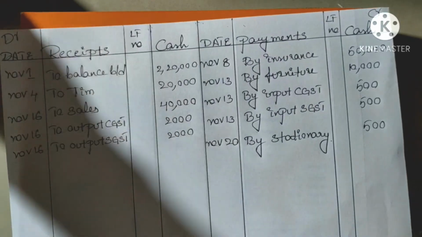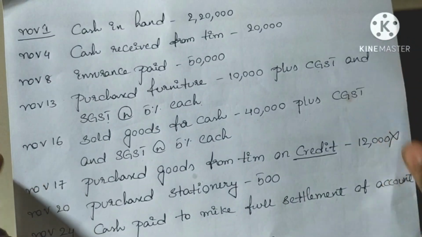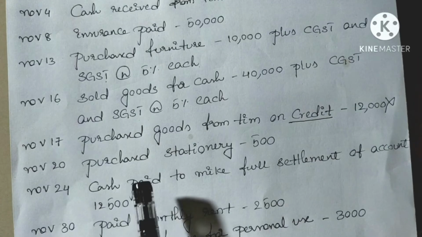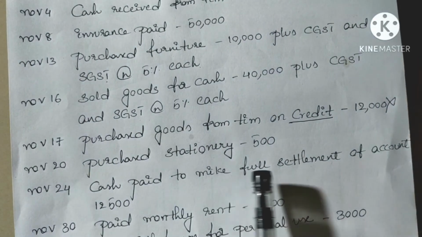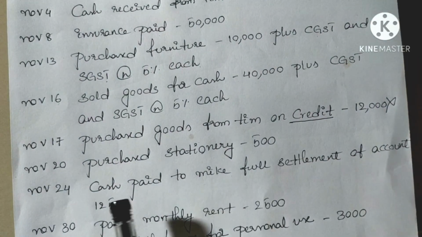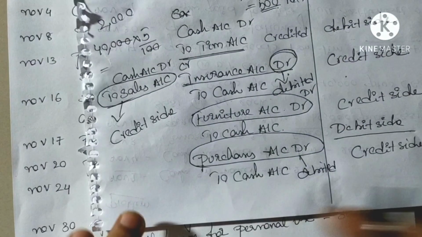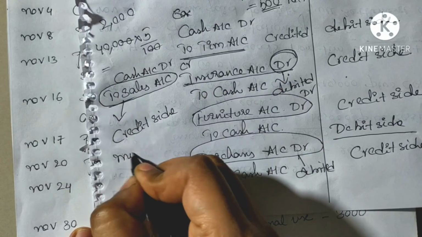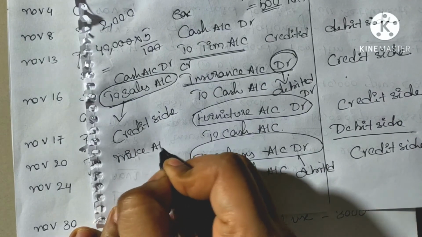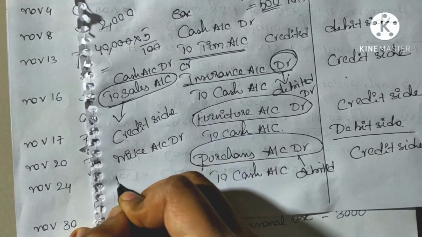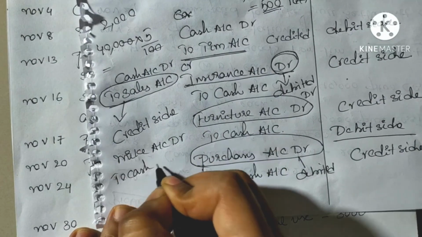Our next transaction is cash paid to Mike, full settlement of account 12,500. So whenever we pay, it comes on the payment side. But the journal entry would be Mike account debit to cash account.